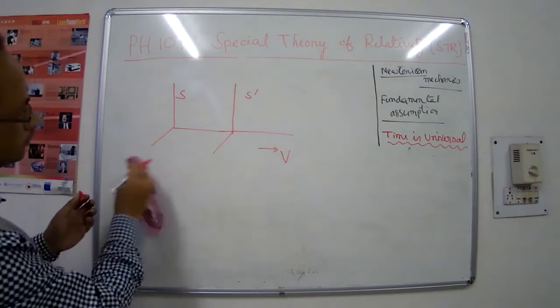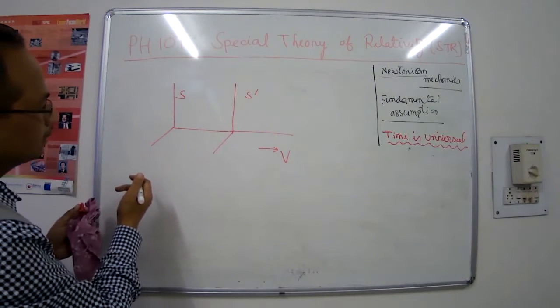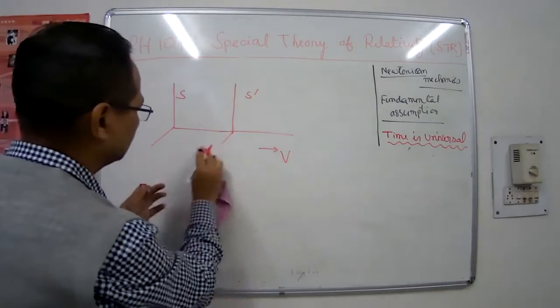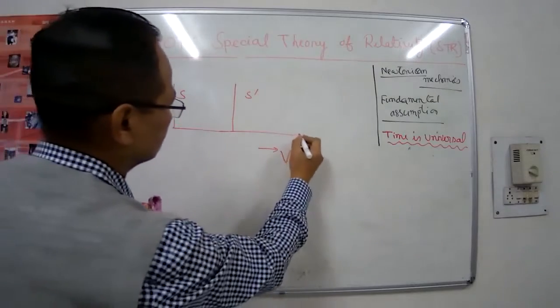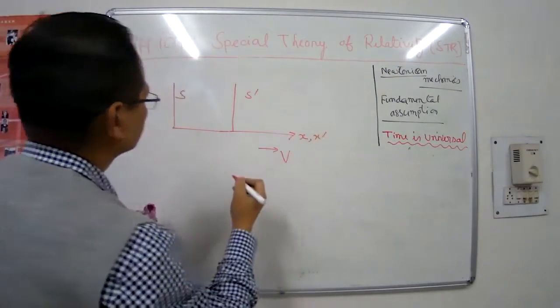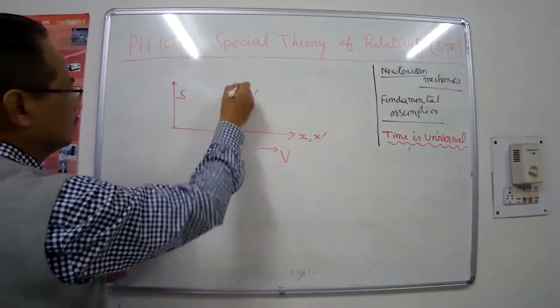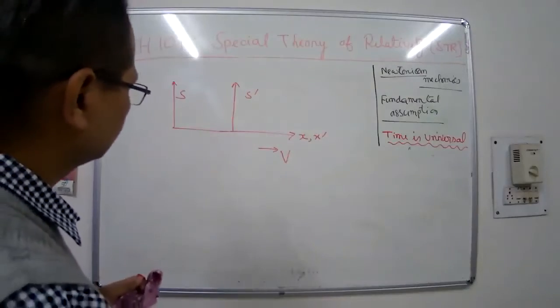I'm just considering that this is my x or x prime axis, so the motion is taking place in the positive x direction.